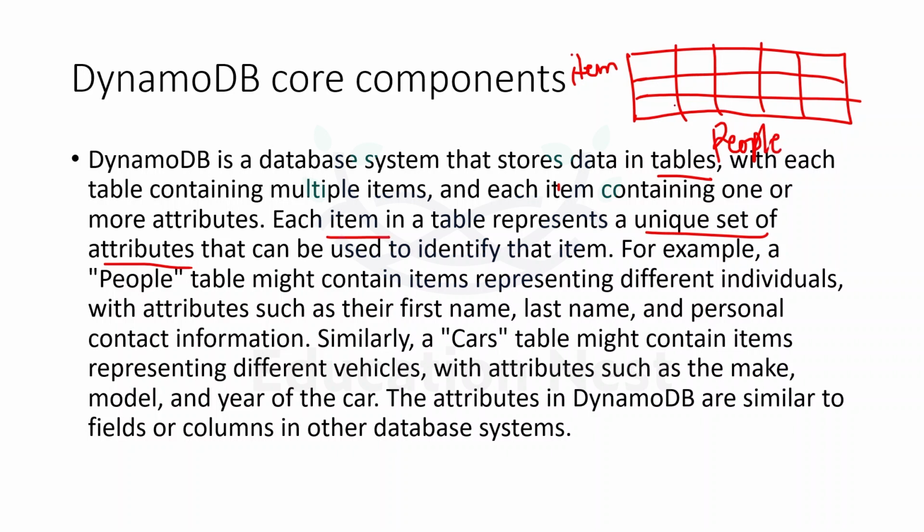What attributes can it contain? It can contain ID, last name, first name, phone number, and city. These are the different attributes that we have for our people table. Similarly, if we have a table for cars, it can contain items representing different vehicles, and attributes can be make, model, year of manufacturing, color, horsepower, etc.